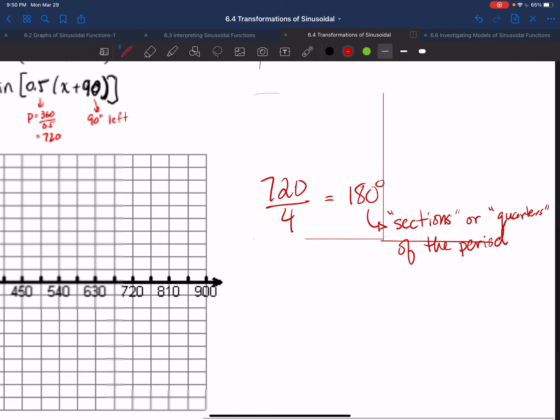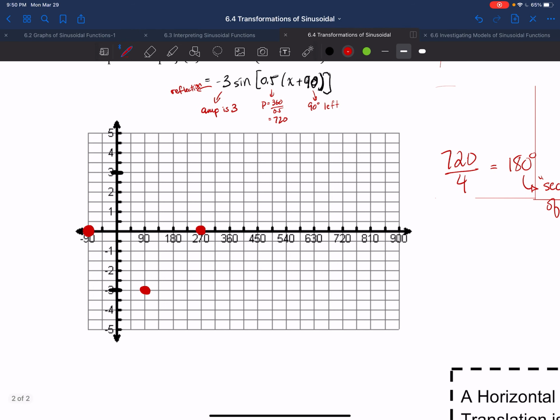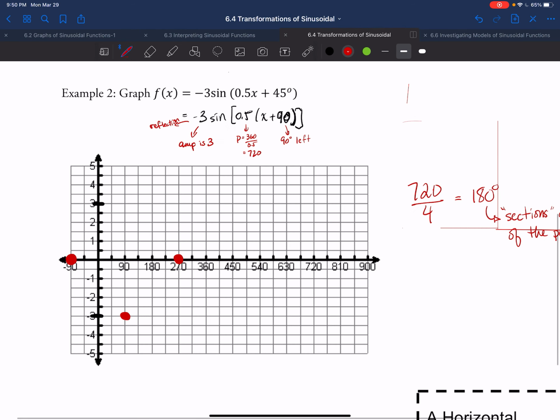Okay, so sections of the period. So every 180 degrees, something is happening. So from -90 to 90 would be my first quarter, because that's 180 degrees apart. Normally I'd go up, but because it's reflected, I'm going to go down to the minimum point. Then I'm going to go 180 degrees later, back to the equation of axis.